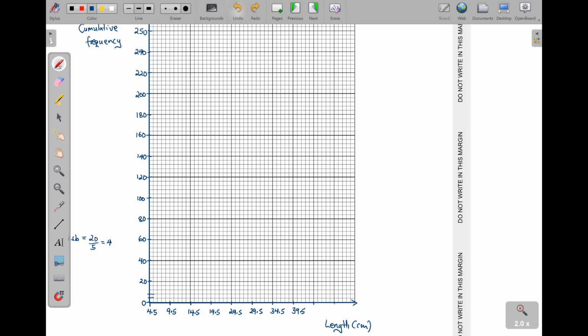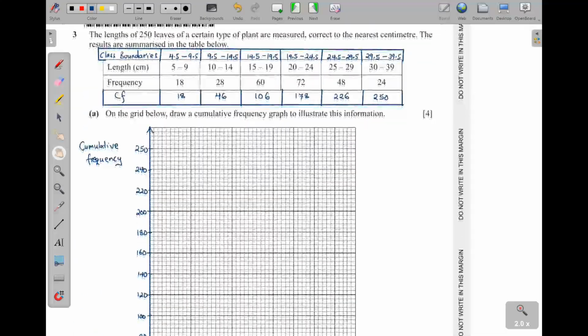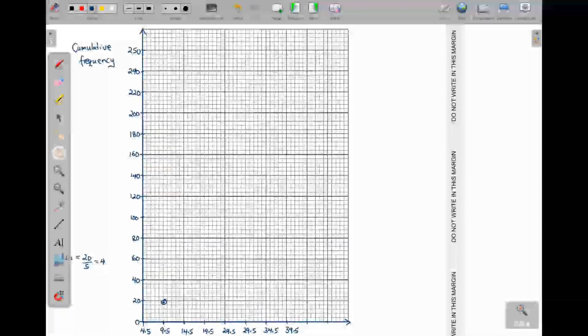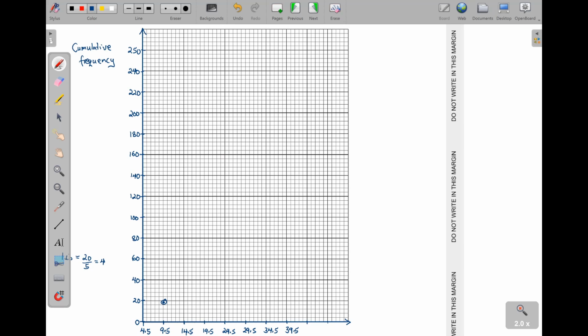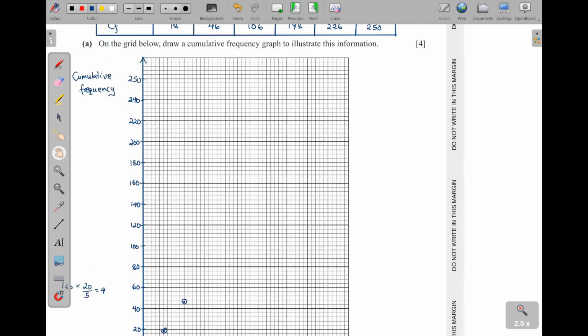So that means we are going to have our plot here. I can even put a small circle there. Then 14.5 goes with 46. So 6 divided by 4, you get 1.5. So I will put it here.